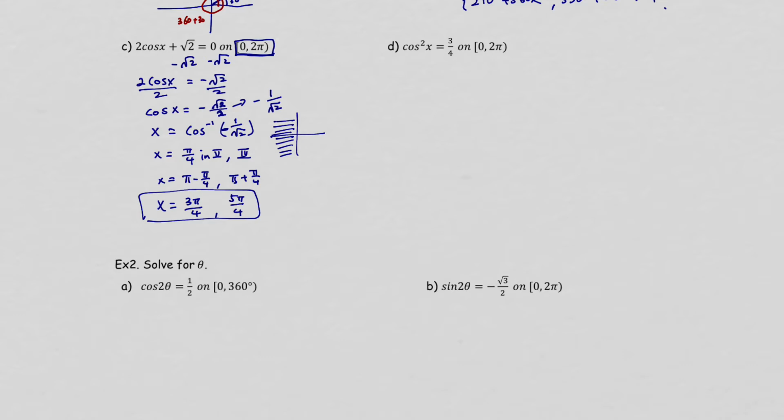Again, if that wasn't there, then you need to do 3 pi over 4 plus 360, same as 2 pi, so 1 unit rotations, right? And then 5 pi over 4 plus 2 pi k.